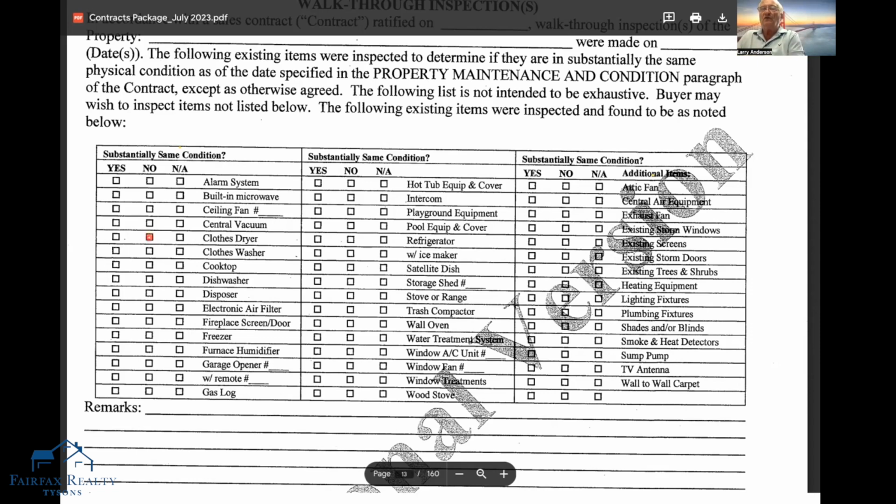And this confuses agents, because if I said yes, it would have to be substantially the same condition, which means that clothes dryer is still broken. Okay, but since I had it fixed and it works, it's not in the same condition, it's working the way it's supposed to be, so the answer should be no. Now, when it came to the clothes washer, I say it worked just fine.